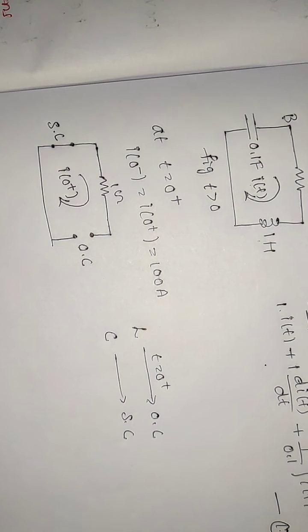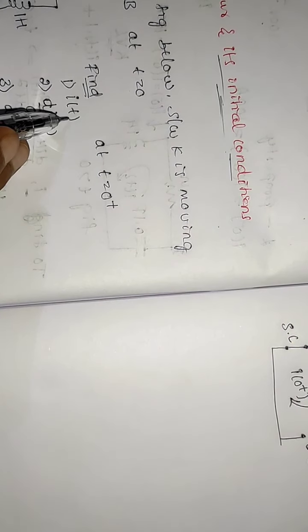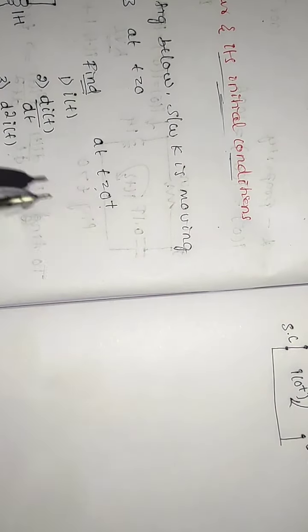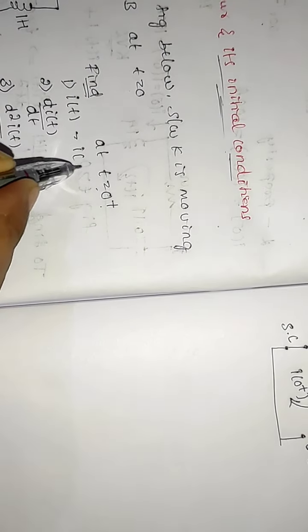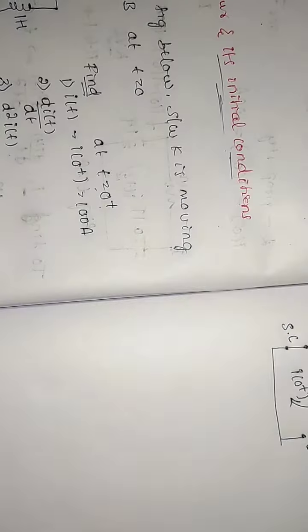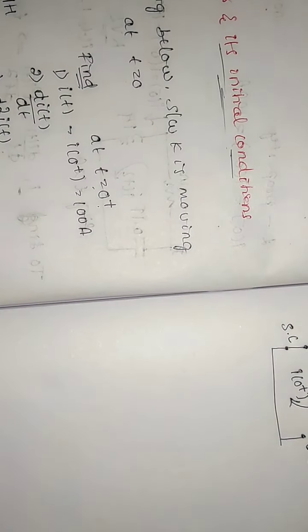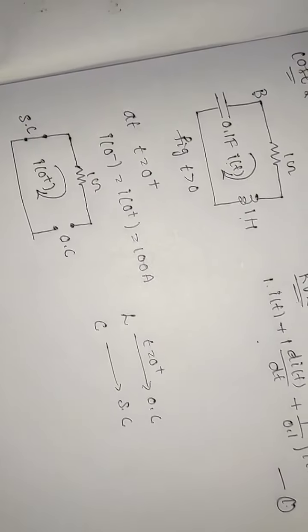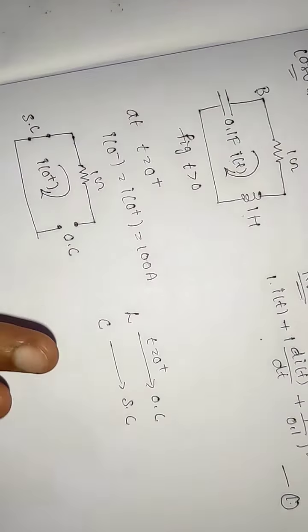Here we already have the value of I of t at t equals 0 plus, that is I of 0 plus equals 100 amp. This is the circuit.